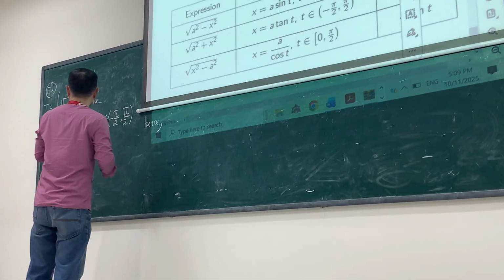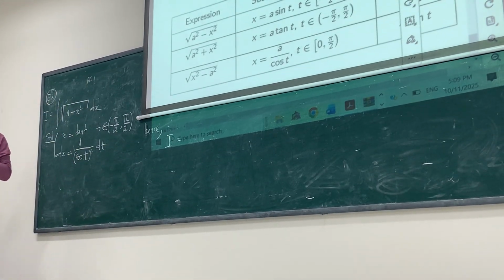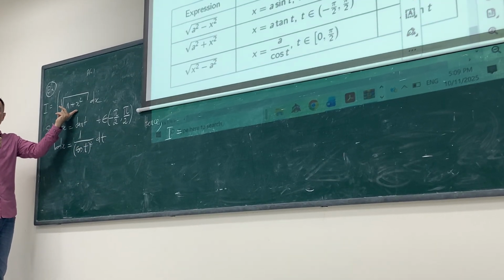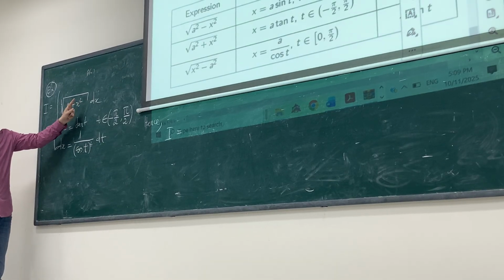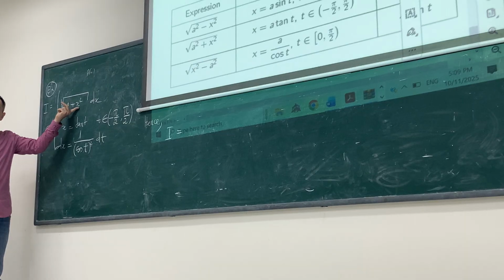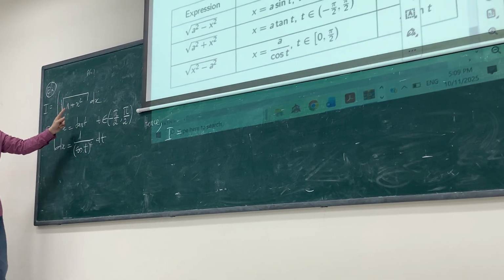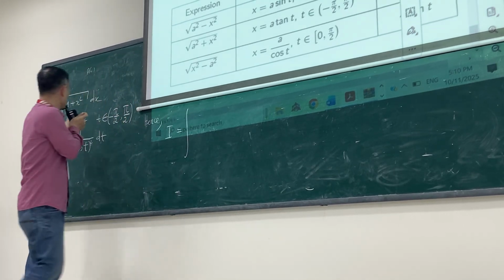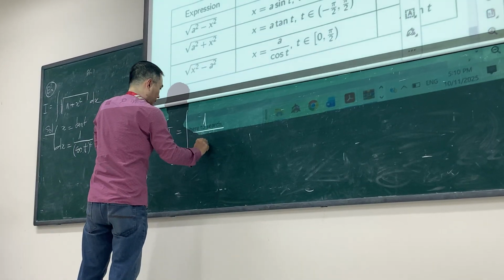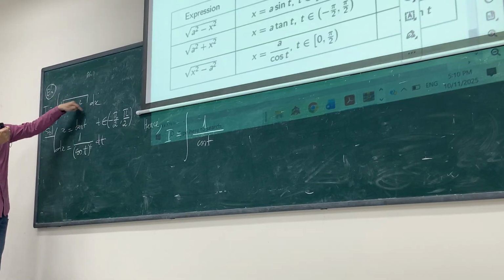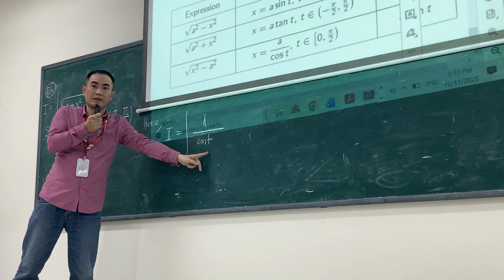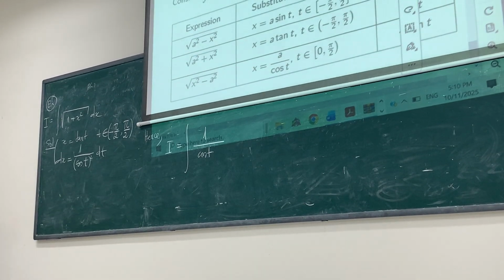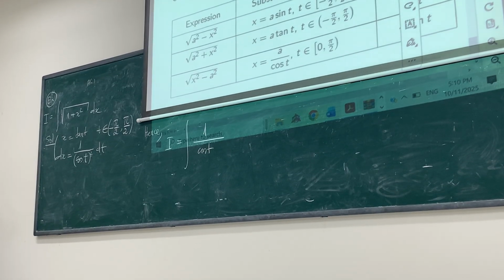Hence, I is equal to the integral. We replace x by t. 1 plus tangent t squared is equal to 1 over cosine t squared.